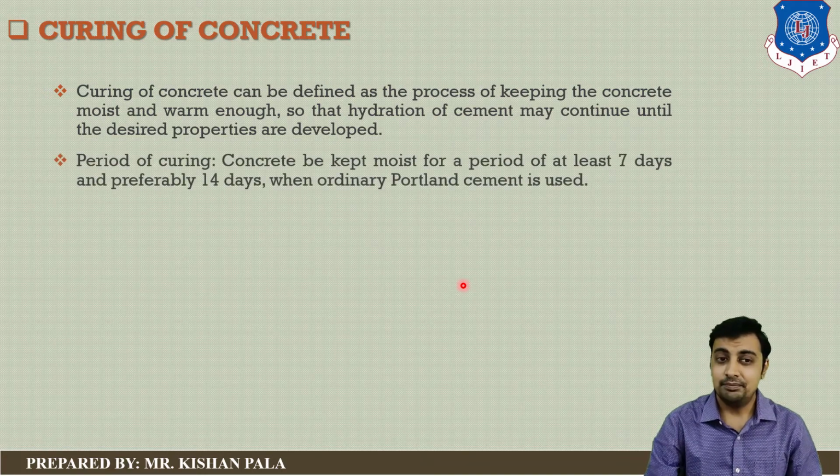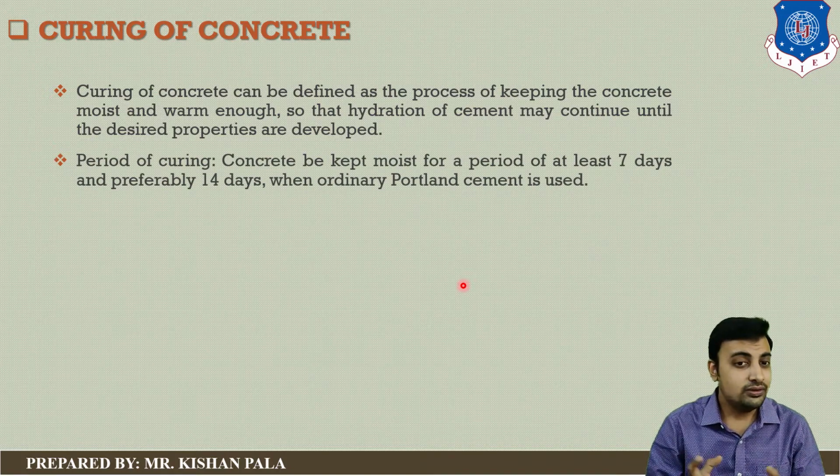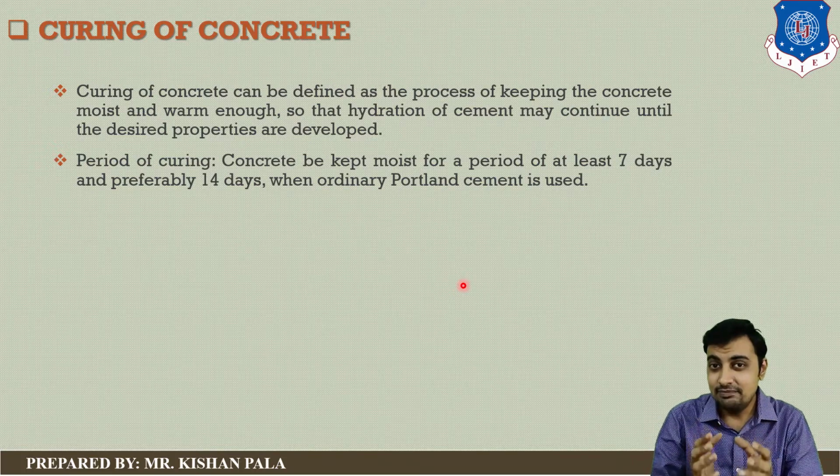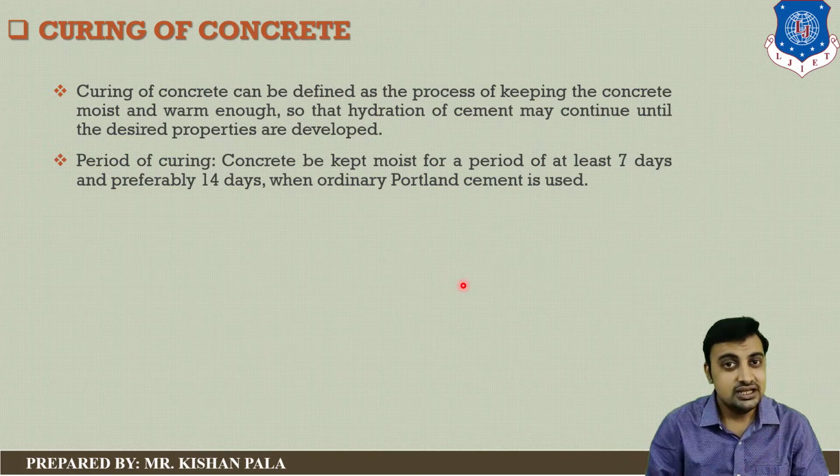And for the period of curing, the concrete should be kept moist for at least 7 days and preferably 14 days when ordinary cement is used, depending upon the type of the elements of your existing structure.